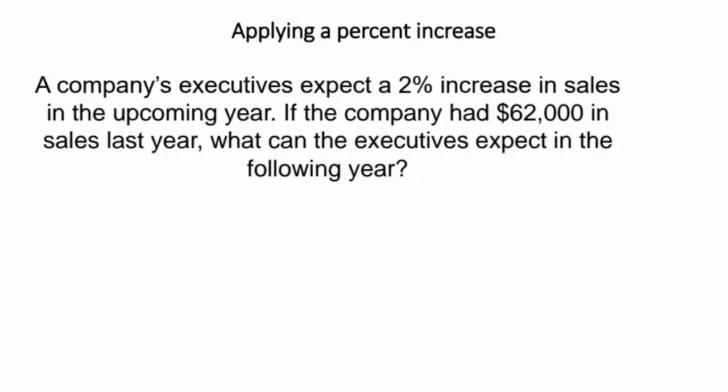Now, here comes the story problem. A company's executives expect, okay, here it comes, a 2% increase in sales in the upcoming year. If the company had 62,000 in last year, what do they expect in the following year?